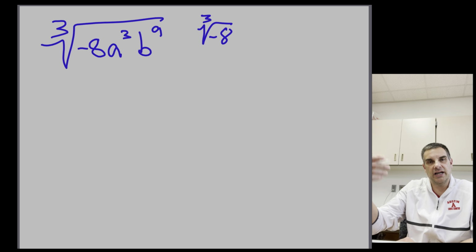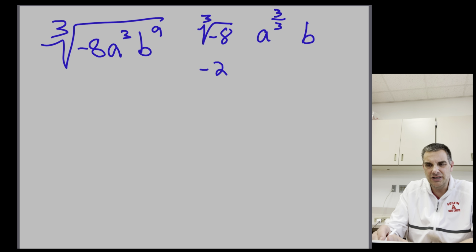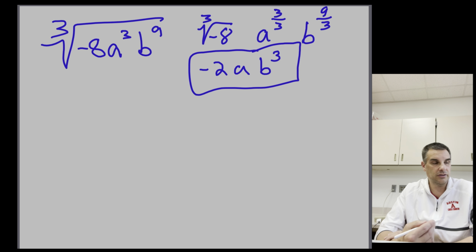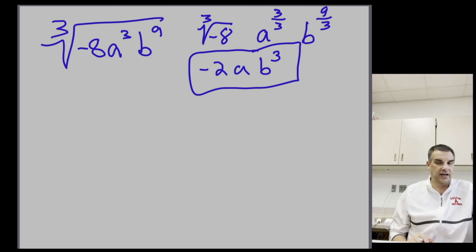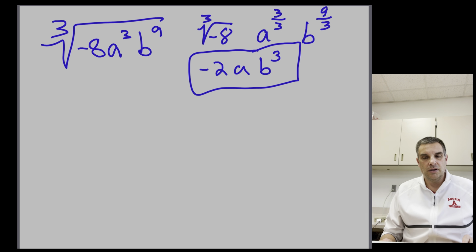So what number times itself 3 times is -8? Well, -2. And I'm just going to go a to the 3/3 instead of writing it out all the time, and b to the 9/3. So that's -2ab cubed. And that's your solution. And that's simplifying these expressions. It's kind of the second part of today.